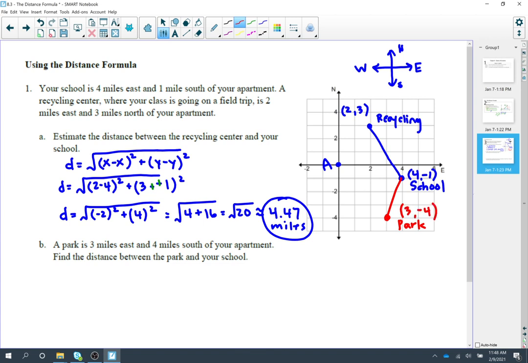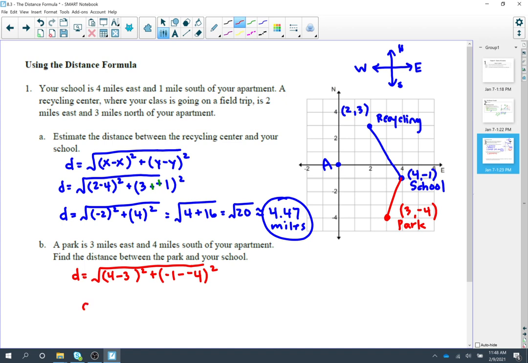Using my distance formula, the distance is the square root, and then we take our x minus x. This time I'm going to take the x coordinate of 4 and subtract 3, square that, plus y minus y, so -1 minus -4. And don't forget the double negative.